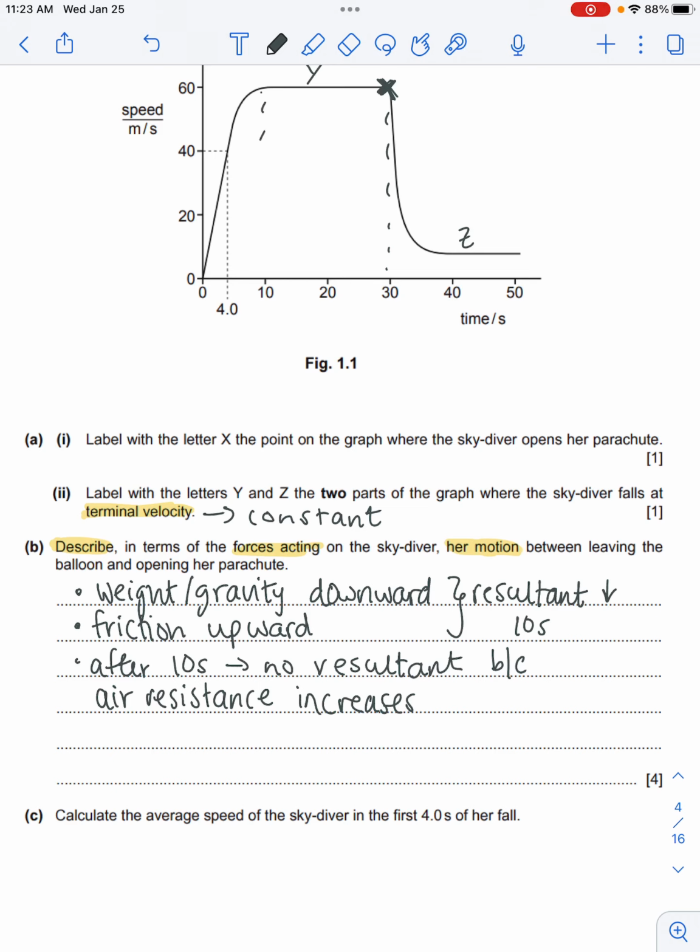And 10 seconds meaning like up to here, right? That's where we start to flatten out. So the latter 20 seconds, it is constant because there's no resultant force, but the first 10 seconds there is.